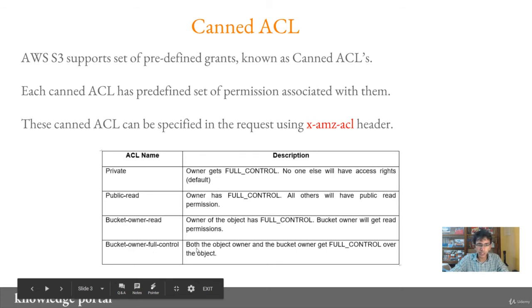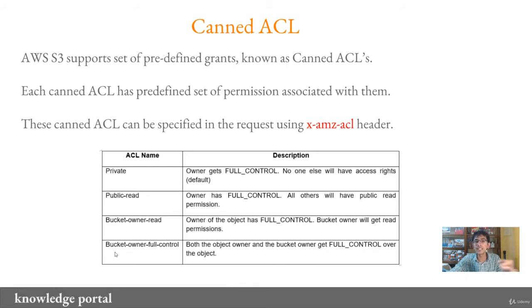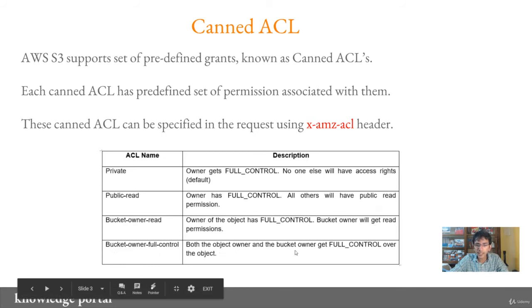If you see the description, both the object owner and the bucket owner get full control over the object. This is very important because if you are uploading an object from a different account to an S3 bucket which is in a different account, both the object owner and the bucket owner should get full control.